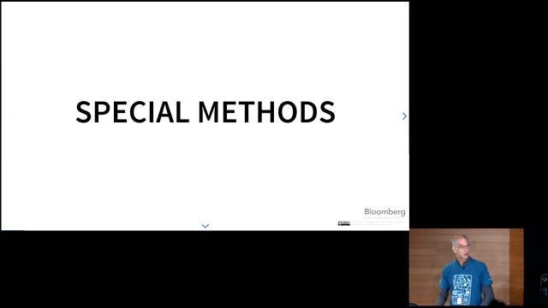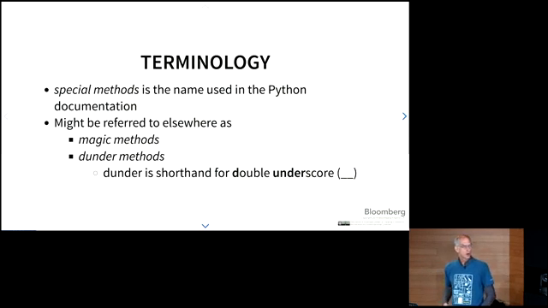So special methods, what are they? Special methods are the name used in Python documentation. You might also have heard these referred to as magic methods or Dunder methods. And for those of you that haven't heard the Python slang, Dunder stands for double underscore.